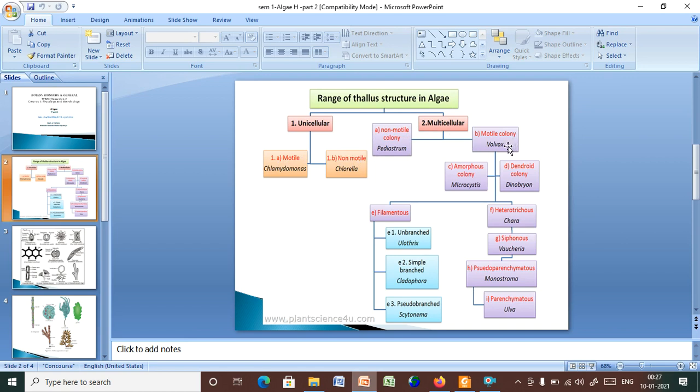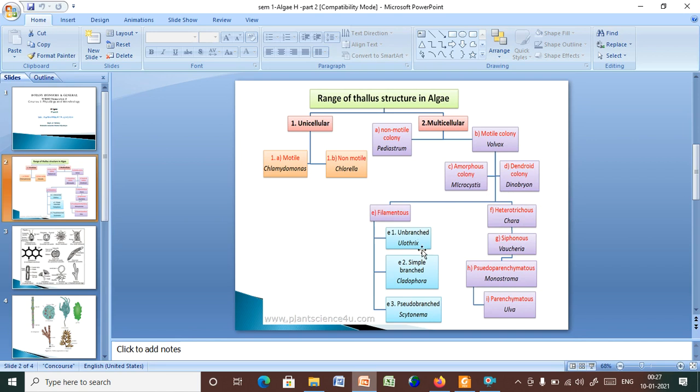And in some cases, the multicellular ones form filaments, and they may also form the heterotrichous habit, which I'll discuss later.